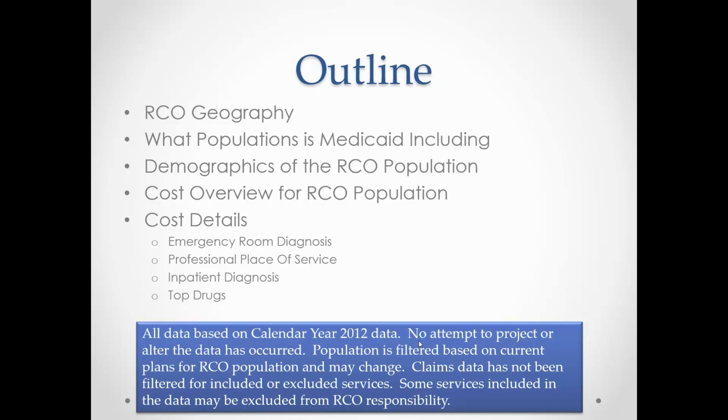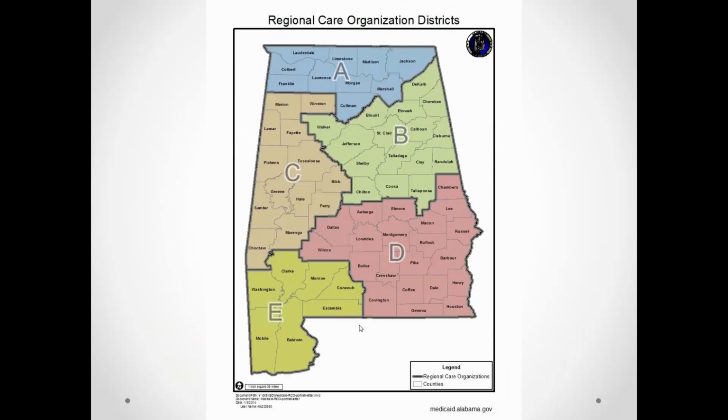So there are some costs that are outside of claims. We've not included that, and there are some claims expenses that we know are probably going to be excluded from the RCO, and we've not attempted to do that. You'll also see some other things. This is that 2012 data based upon this population for that time period. We want to make sure everybody understands that from the beginning.